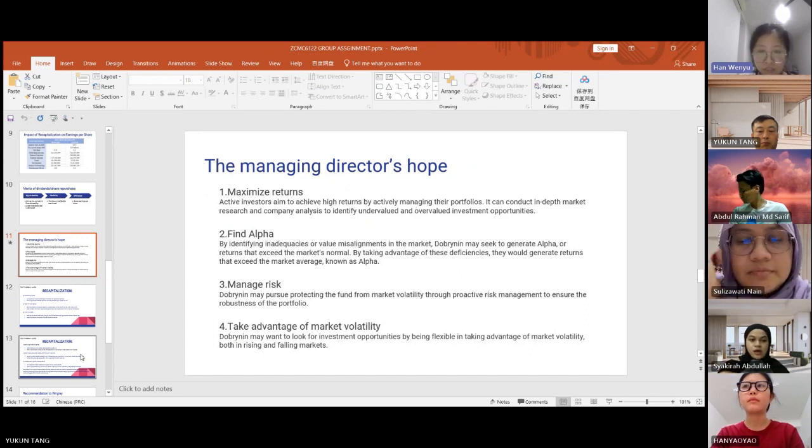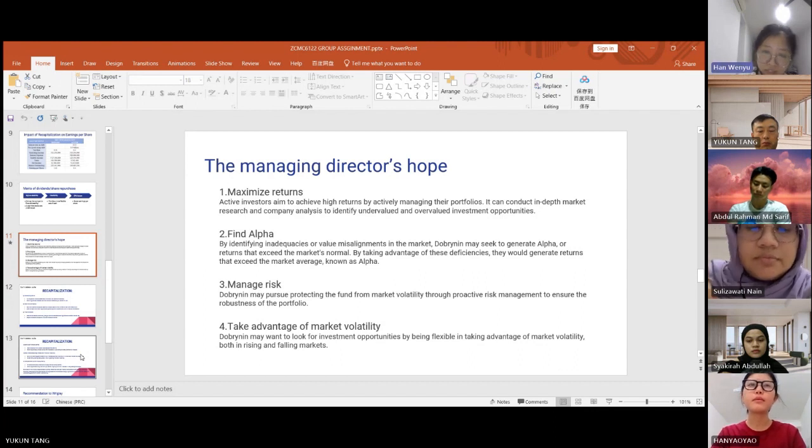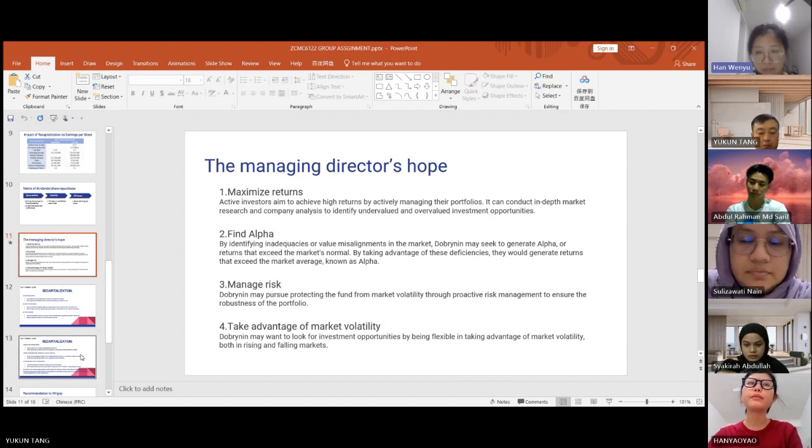Then to find alpha by identifying inefficiencies or value bases in the market. She may seek to generate alpha. They can generate returns in excess of the market average. Then to manage risk. While seeking high returns, the active investor also focuses on risk management.